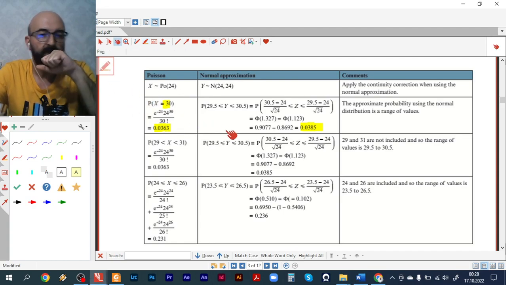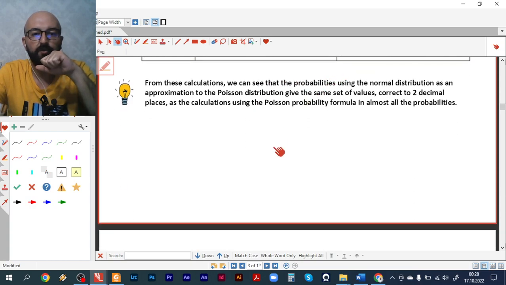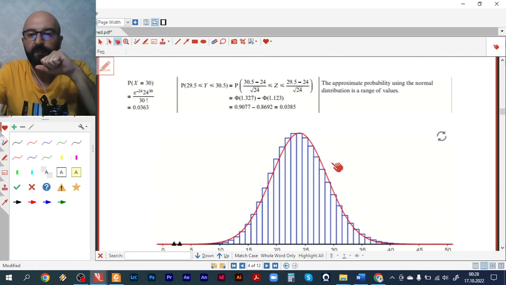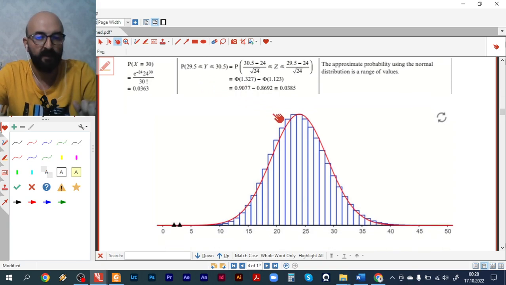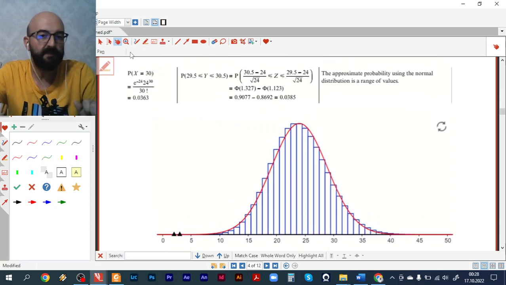I want to remind you that when you convert Poisson distribution to normal distribution, you must apply continuity correction. If you want to compute the probability of 30, you can use Poisson distribution.